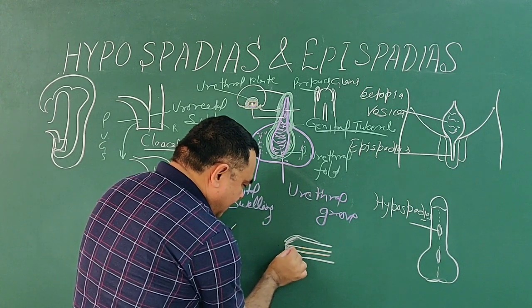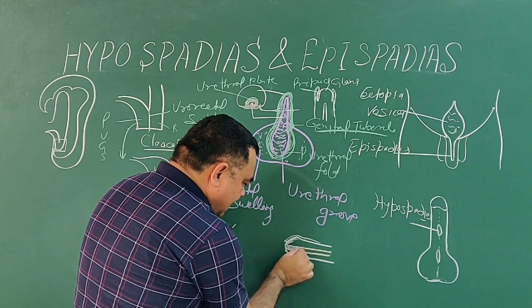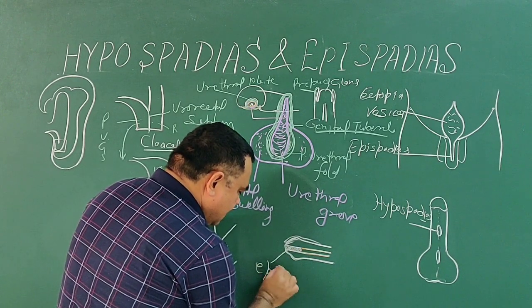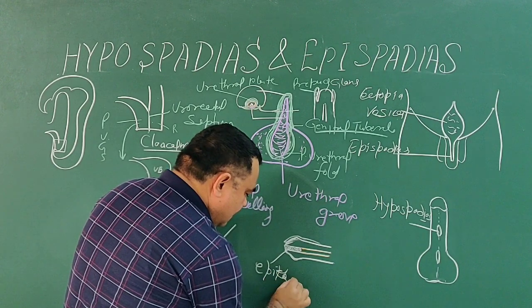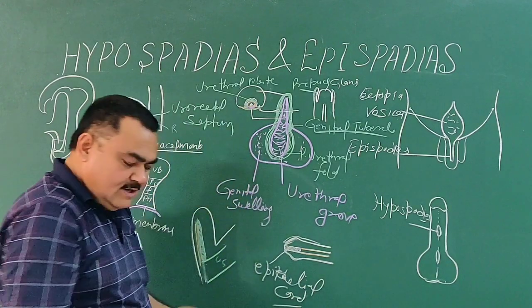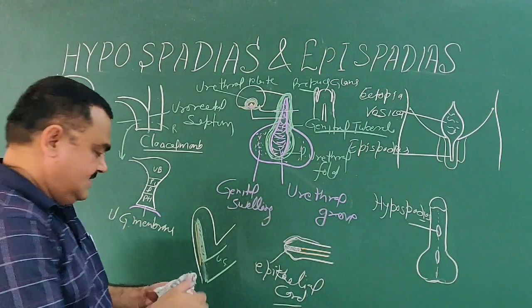Here it proliferates and forms a solid cord. So this is the epithelial cord, which is formed.